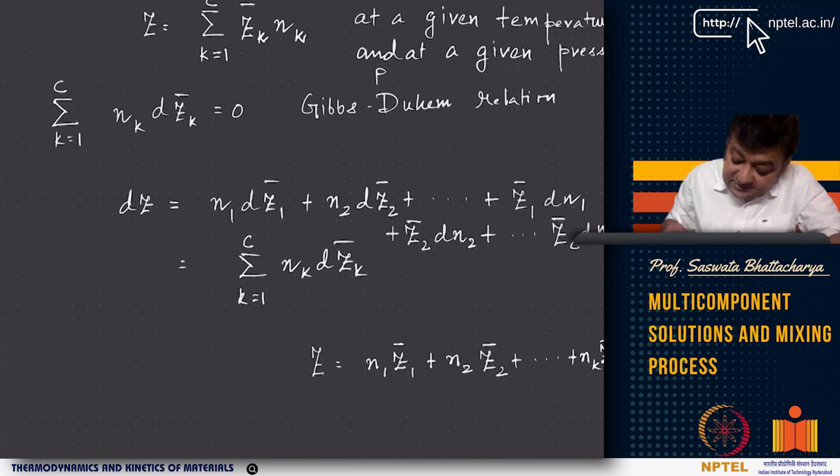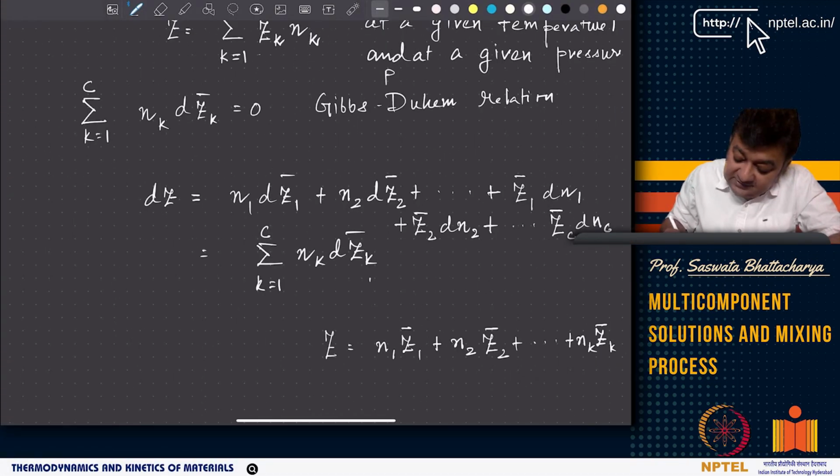So you have this term, plus another term, summation over K equal to 1 to C of ZK bar dNK.